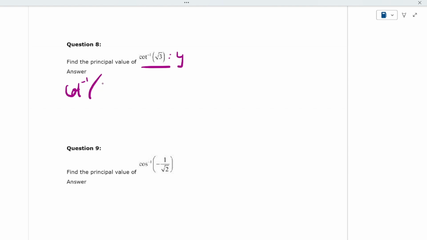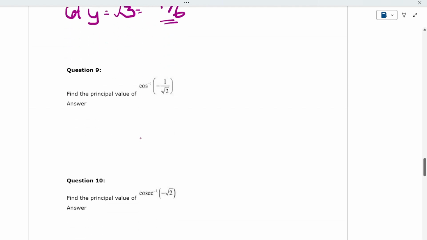Cot inverse of, okay, now let's directly write cot y would be equal to what? Root 3. Okay, if you get the root 3, now we should see where it is the root 3. That will be equal to what? Pi by 6. The value of principal value for this problem is pi by 6.